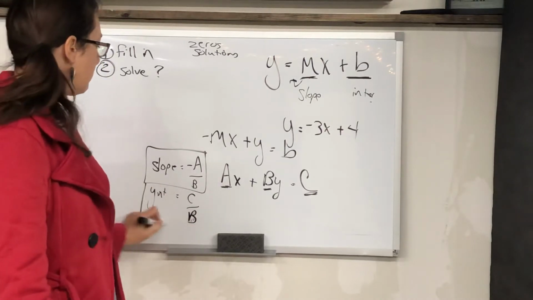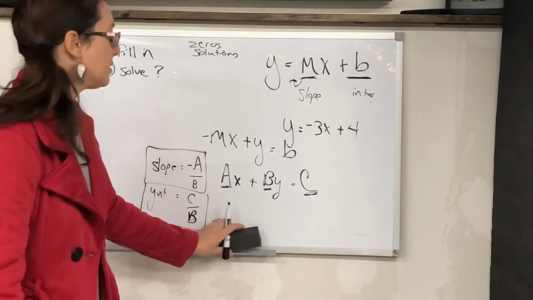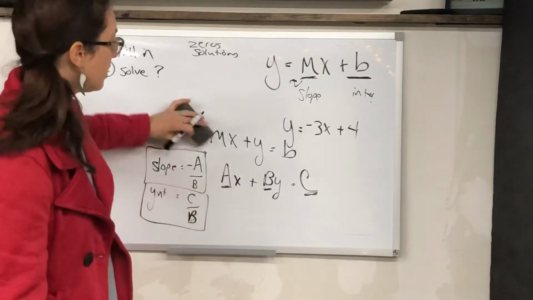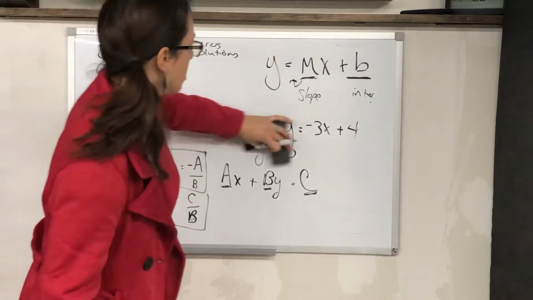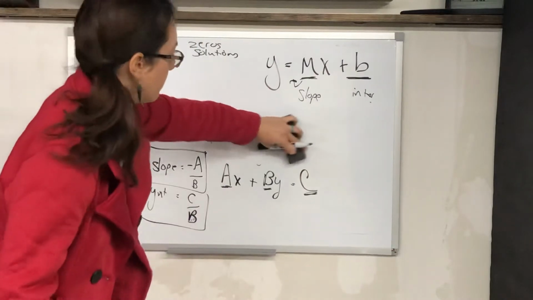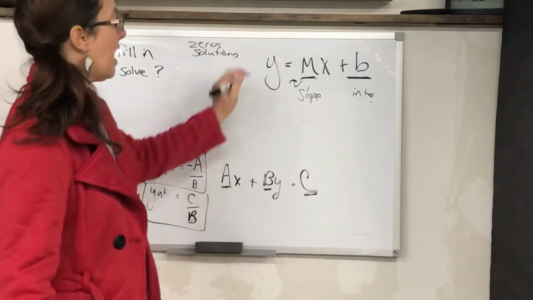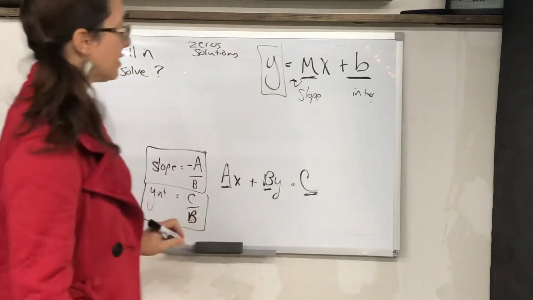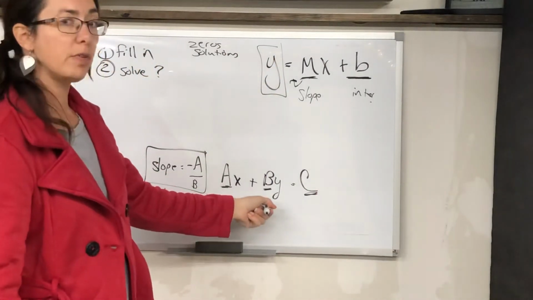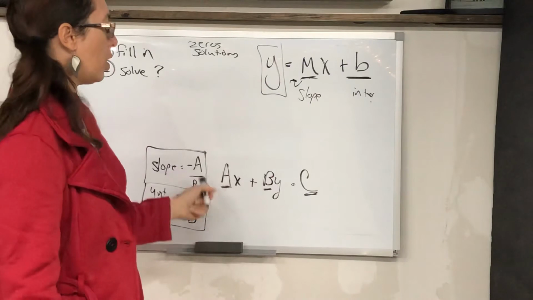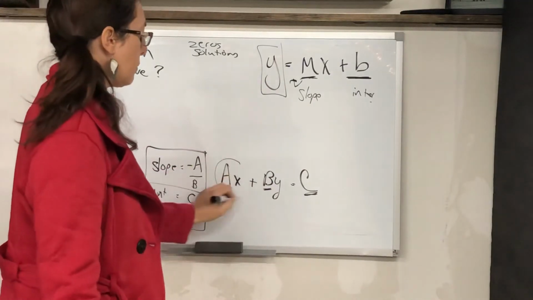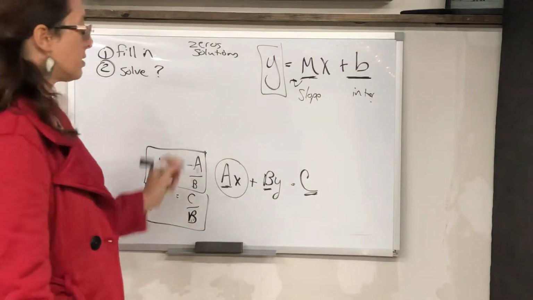So if you can't remember those, let's see if we can take our standard form and make it look like our slope-intercept form. Slope-intercept says I need y all by itself. So we're going to take our standard form and get y all by itself. The first thing that we want to do is get rid of our x.